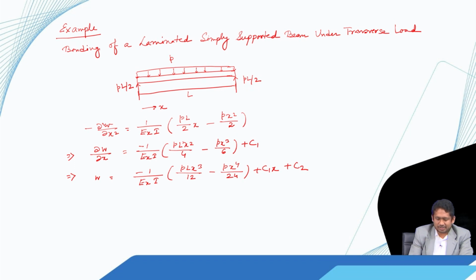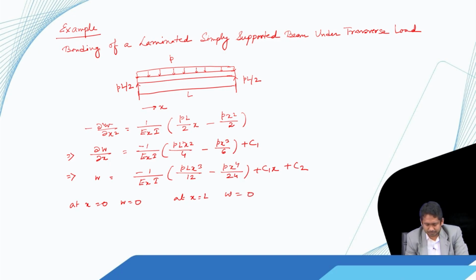Now, let us put the boundary conditions. At x equal to 0 we know w equal to 0, and at x equal to L we know w equal to 0.